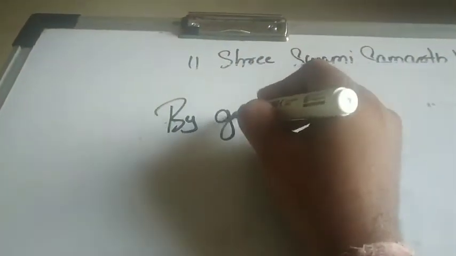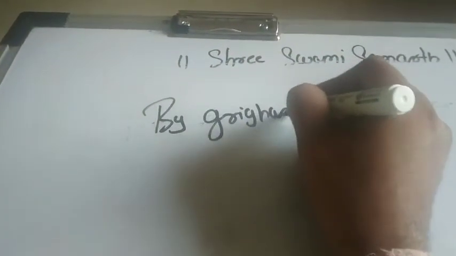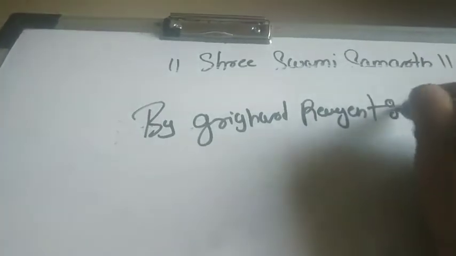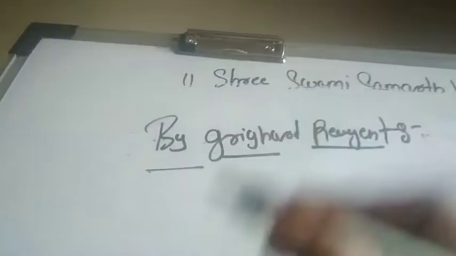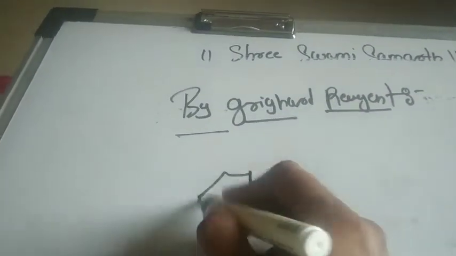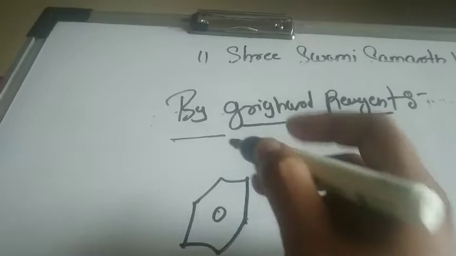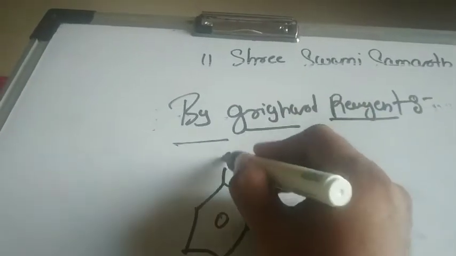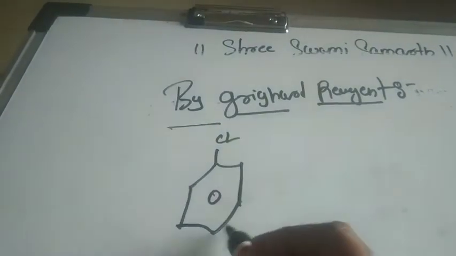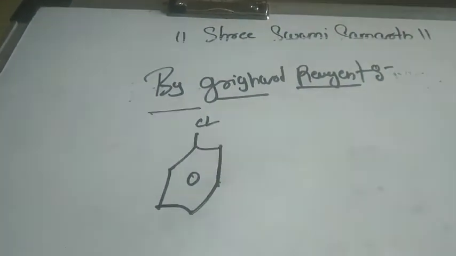By Grignard reagent, यानी कि Grignard reagent से हम लोग इसको प्रिपेयर कर सकते हैं. So what is that reaction? Simple है. So how Grignard reagent is prepared, we will see this. Okay, so here in this case I have taken a chlorobenzene.